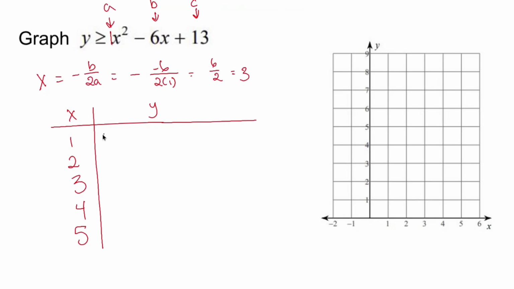All right, so we have 1 squared minus 6 times 1 plus 13. 1 squared is 1. 6 times 1 is -6.